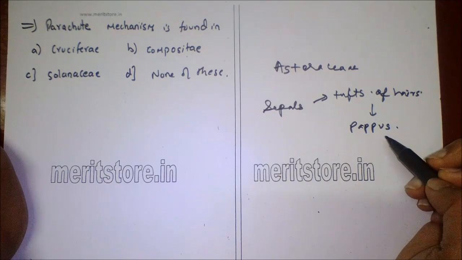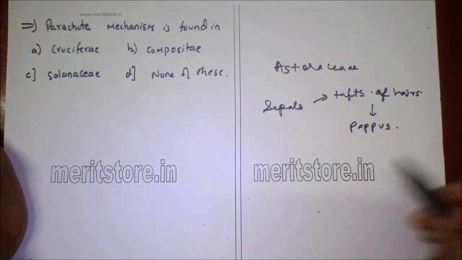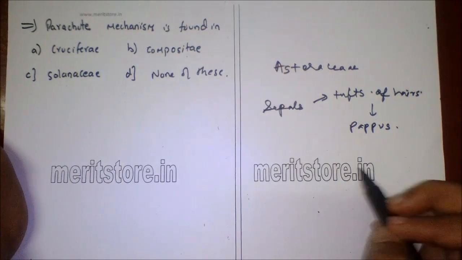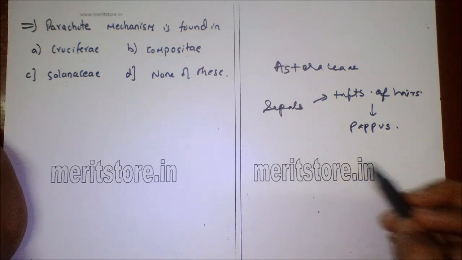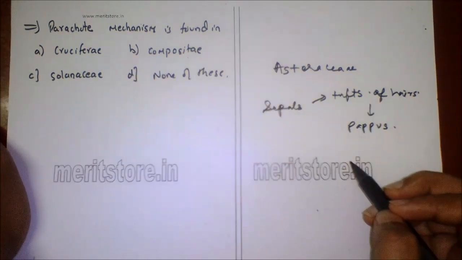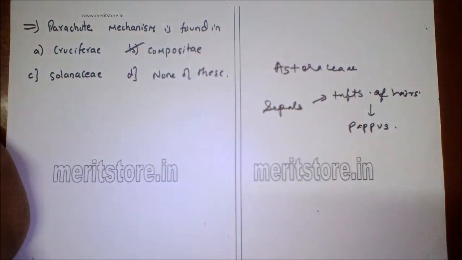The pappus is persistent and hence found attached to very small single-seeded fruits. It acts like a parachute that allows the wind to carry them to a greater distance. So this mechanism is found in Compositae, that is Asteraceae.